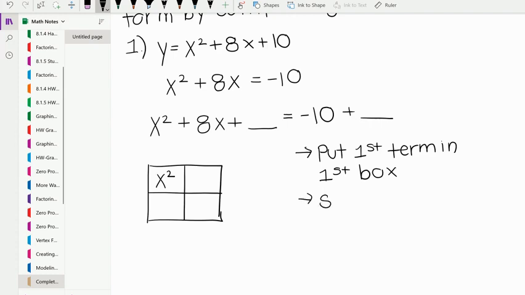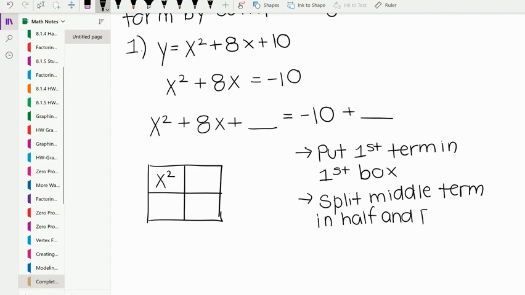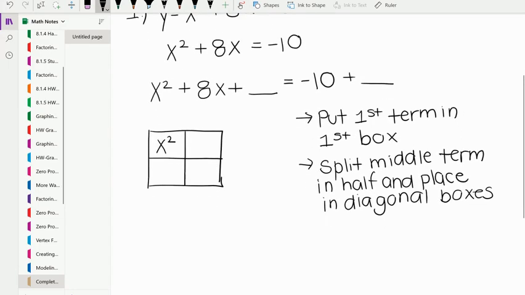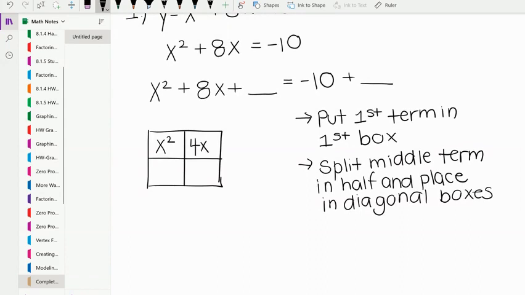Step 2 is to split the middle term in half and place it in the diagonal boxes. So 8x, if I split that in half, then I would get 4x and 4x.